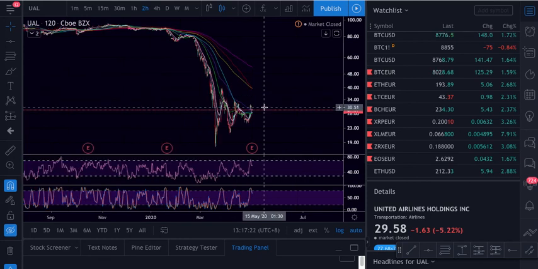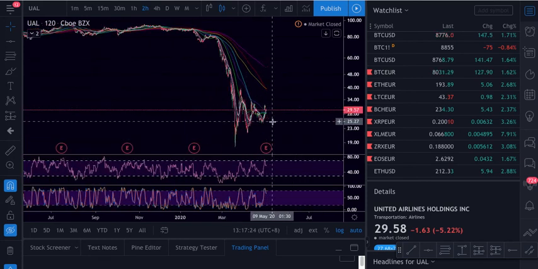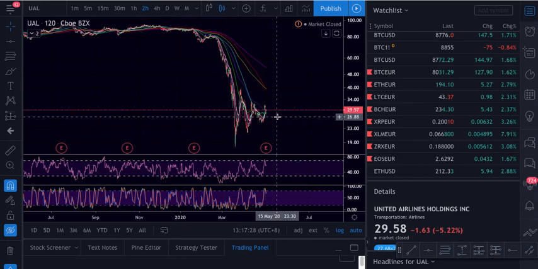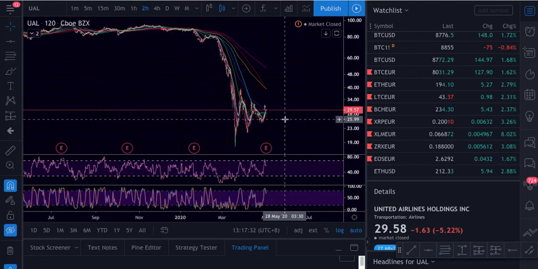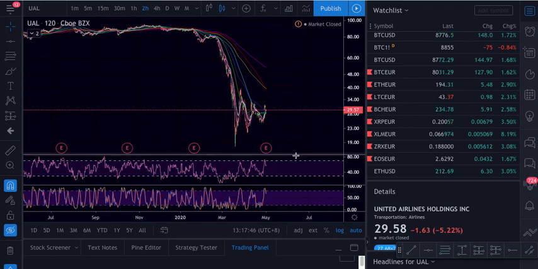So as you see on United Airlines, it already gave one higher low, another higher low, and I think we will do another higher low here, and you buy on these areas and you put your stop loss here. If it goes down, you get out. And that's it. If you're an investor, you can buy here, you can buy here, or whatever.